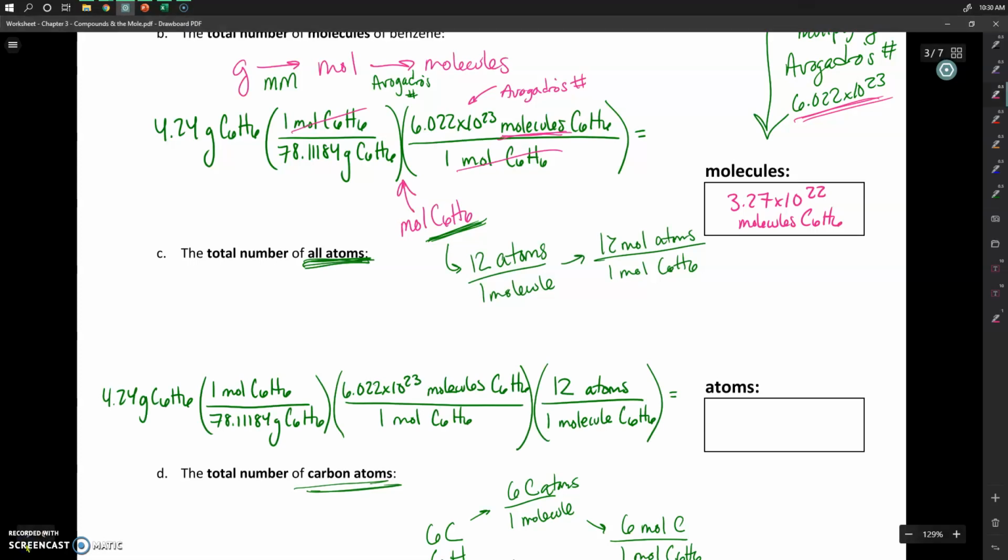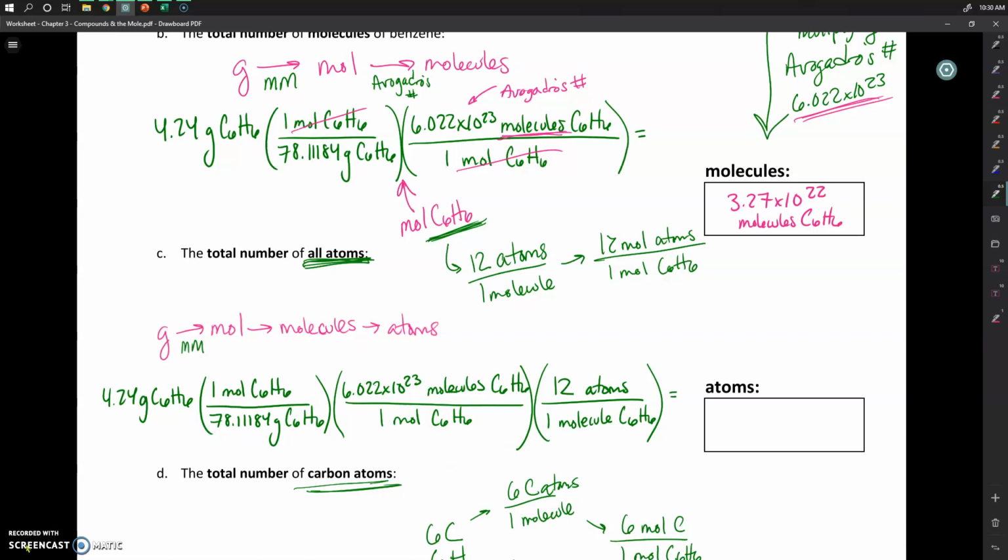Again, starting from grams, we have a similar process to what we've done before, right? Grams goes to moles first. From moles, we can get to molecules. And from molecules, we can get to atoms. So again, notice that grams to moles requires the molar mass as a conversion factor.